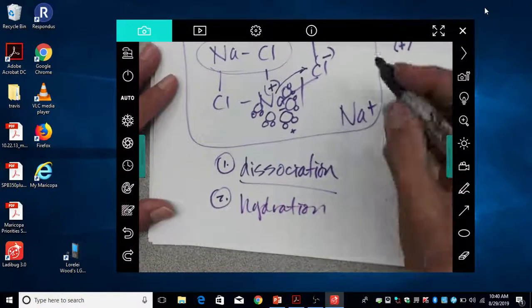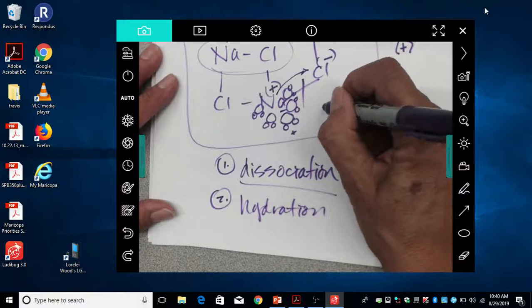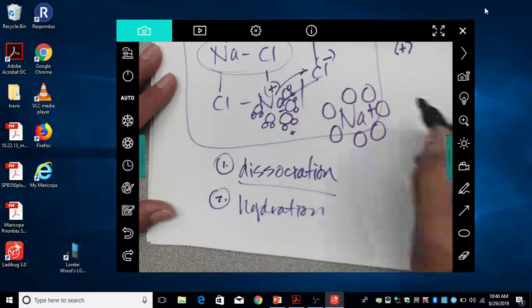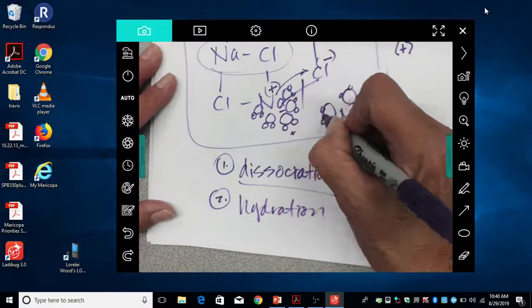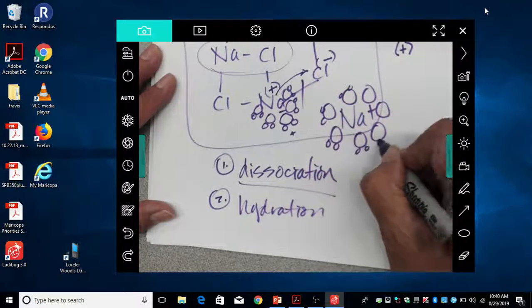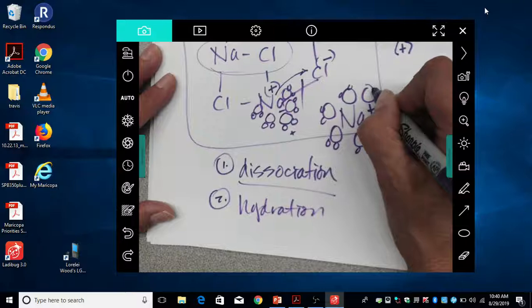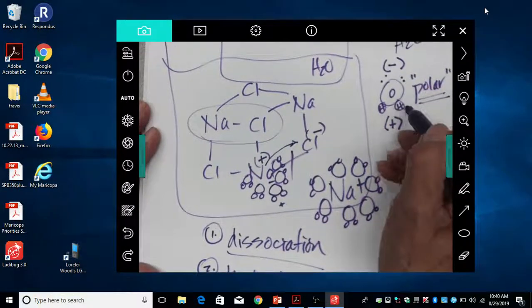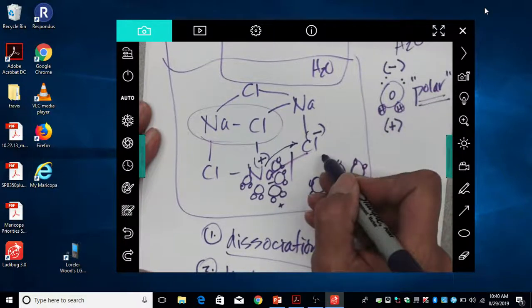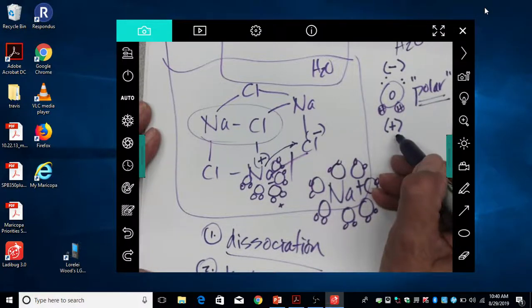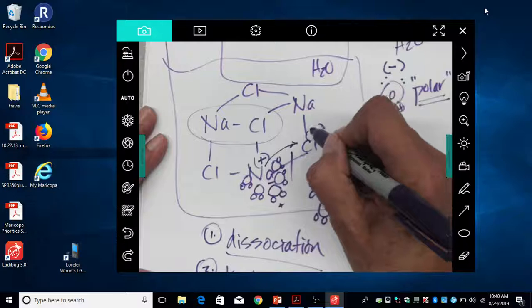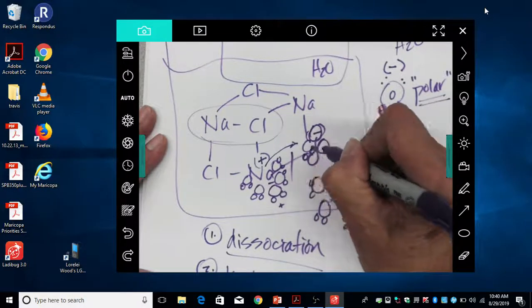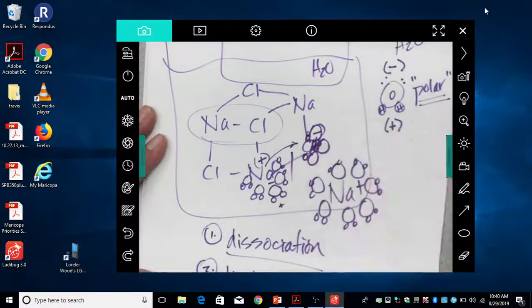And hydration means that the water molecules will now surround the sodium ion, once again with their little positive sides away from sodium and their negative side towards sodium. And the same thing happens to chlorine, but now when these polar water molecules approach chlorine, the positive side, the hydrogen side, is towards chlorine.